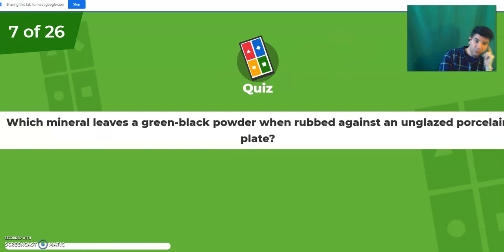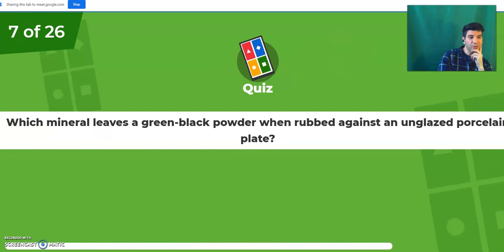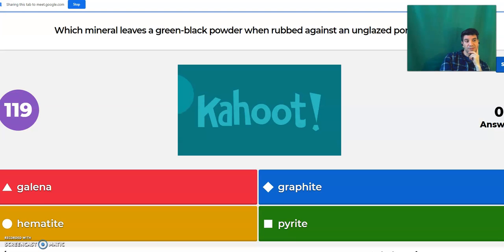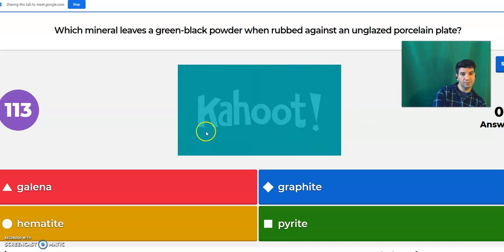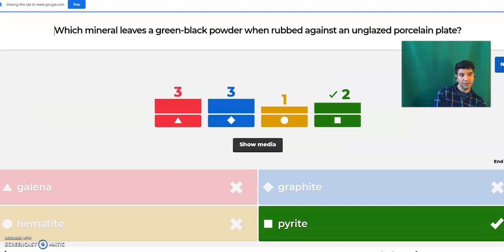Question 7. Which mineral leaves a green-black powder when rubbed against an unglazed porcelain plate? Okay, so green-black powder when rubbed against a porcelain plate.